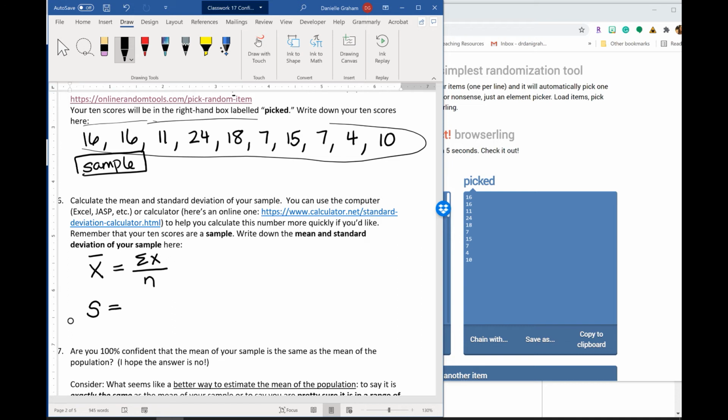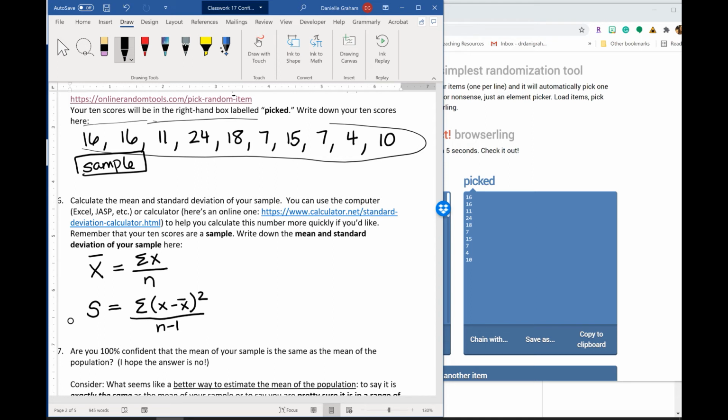Just to review this formula, the estimate for the standard deviation based on a sample is the sum of all the deviations squared divided by n minus 1, and this n minus 1 is because we're doing that estimating, because we got to fudge those numbers a little bit.